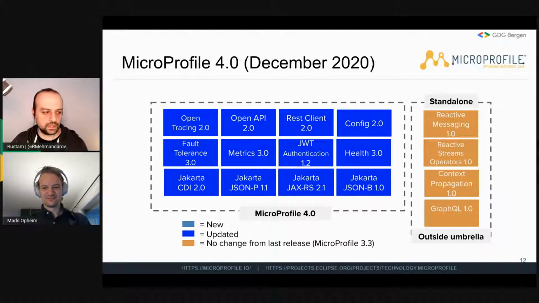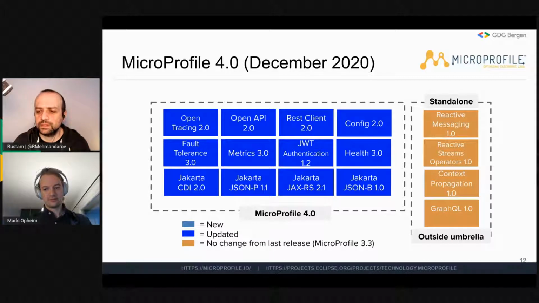So as you can see here, here is the list of the things that we can use in MicroProfile. We have things like tracing, REST client, JWT, health, config, all those kinds of things that you really need for a web service. The most obvious ones would probably be JAX-RS and JSON-P and JSON-B and all the other ones, and then fault tolerance and metrics and all the other ones that are coming in.